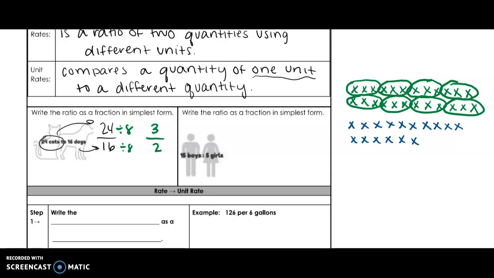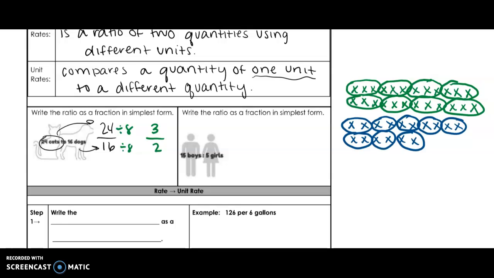I'm grouping them in 3s, and then I'm going to group my dogs in 2s. You'll see that I have 8 groups in the green and I have 8 groups in the blue.